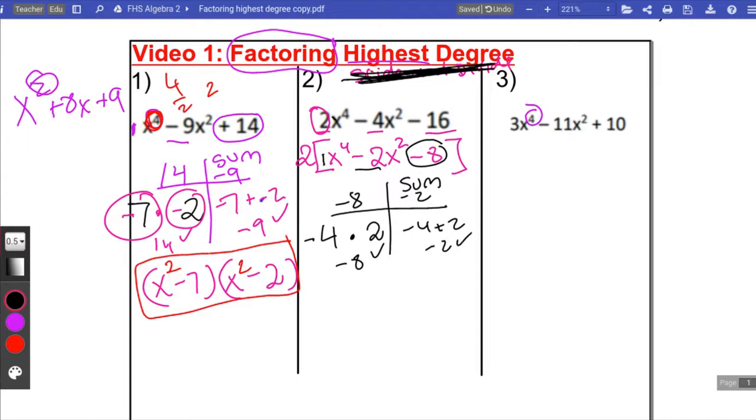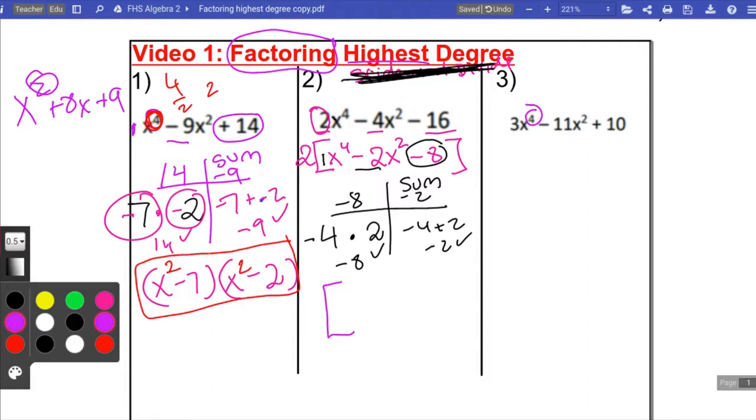All right, in parentheses, still in my bracket, and then you still have that 2 on the outside. My X, my X, done deal.